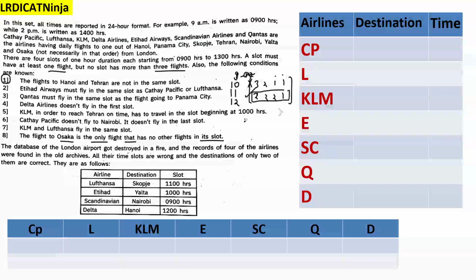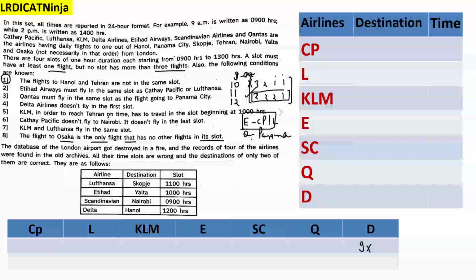So Etihad and CP or Lufthansa will be in the same slot. Write it here itself. Qantas must fly in the same slot as Panama. Delta Airlines does not fly in the first slot. So here I can write it: Delta Airlines is not at the 9 a.m. slot. So I can cancel out here.